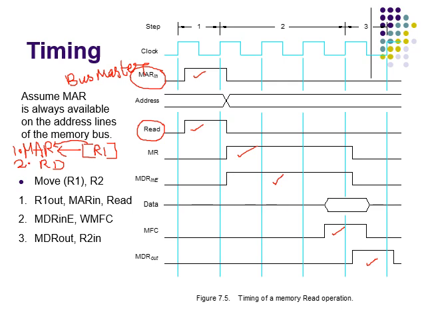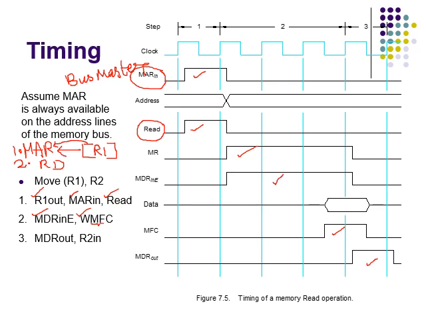This means that the memory read operation requires 3 steps, which can be described by the signals being activated as follows. First, R1 out, MAR in, followed by a read. Next, MDR in E and WMFC, that is, wait for memory function complete.